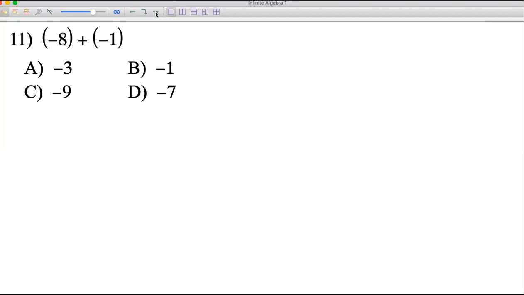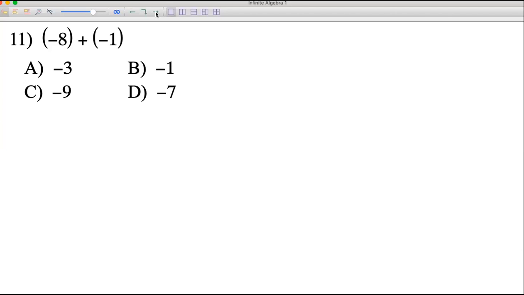When you have same signs, you add. Opposite signs, you subtract: big number minus small number, and then you have that one extra step of asking yourself whether there are more positives or negatives. When you're adding 2 positives, the answer is positive.